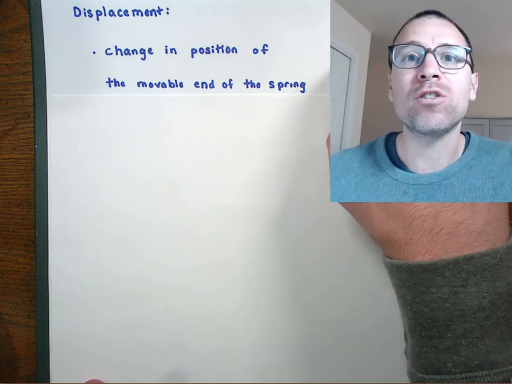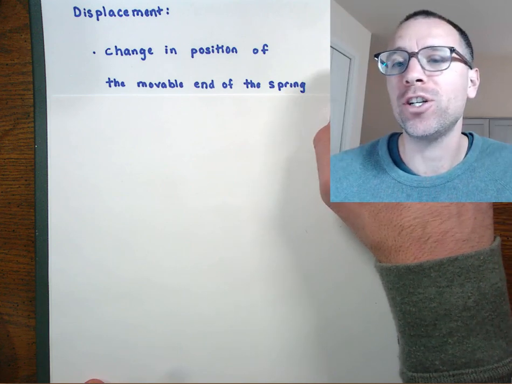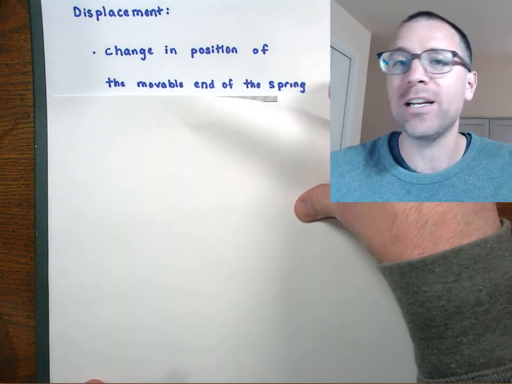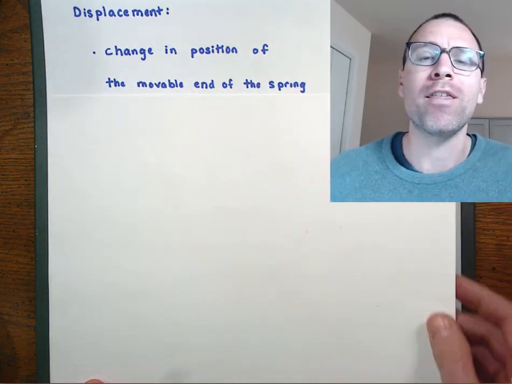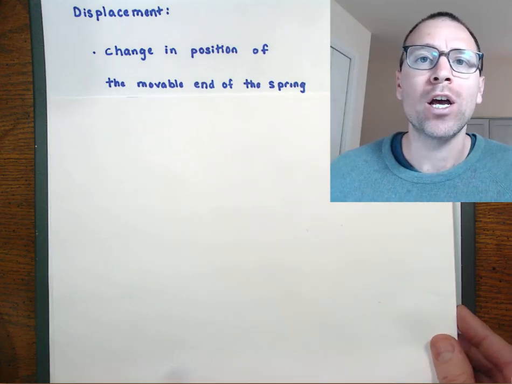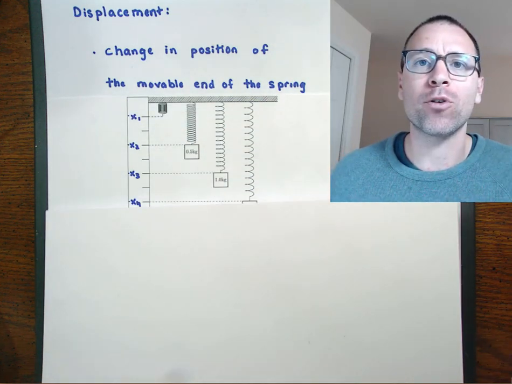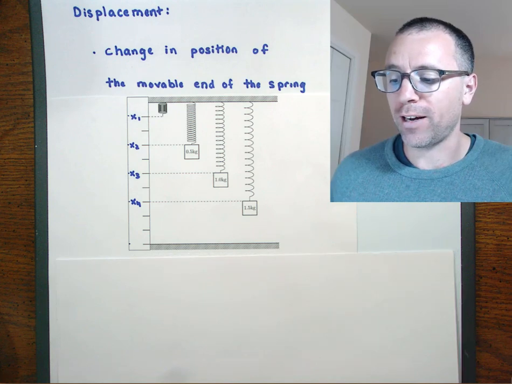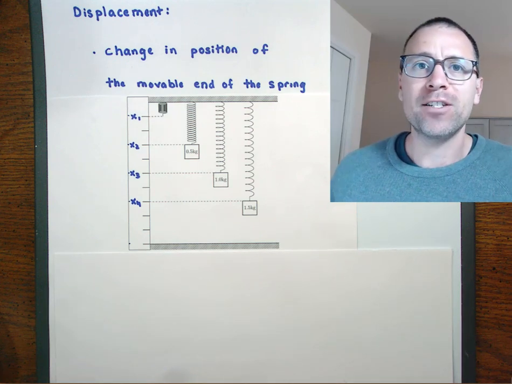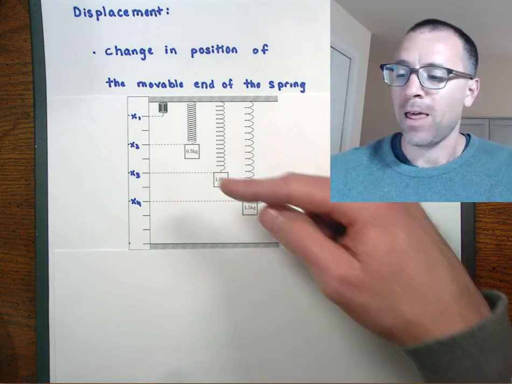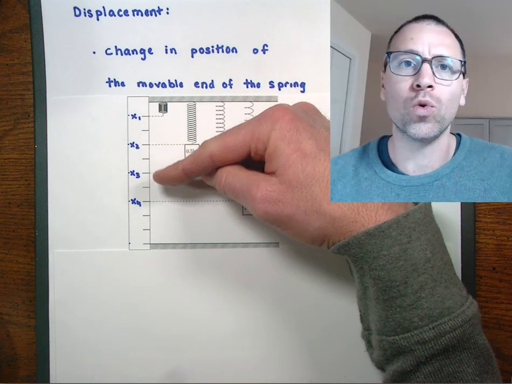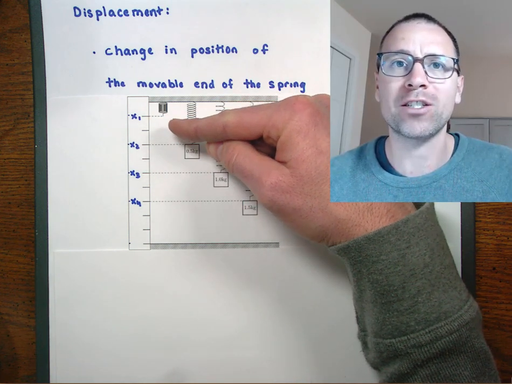Let's go ahead and define the operational definition of this. Remember, to do so, we need to define both the tool we're going to use to measure displacement as well as the procedure we use to collect that measurement. In this situation, the tool we're going to use is called a ruler. So we place a ruler next to the spring.